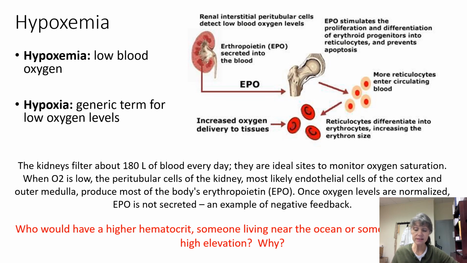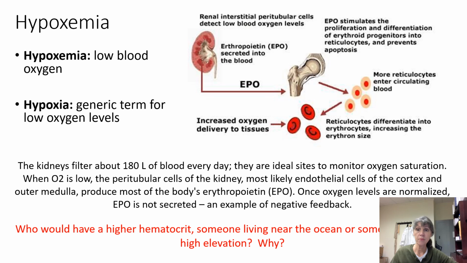Remember that cells have a normal lifespan, and so the erythropoietin actually helps prevent the apoptosis where the cell would normally die.